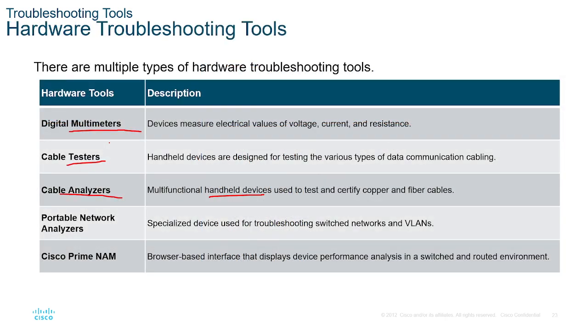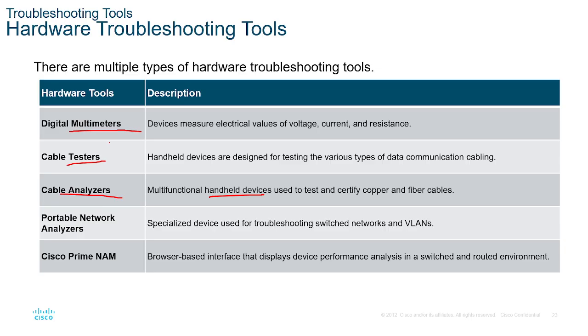Now we have hardware troubleshooting tools. These are the physical ones. Digital multimeter: it will measure electrical values, voltage, current, resistance, and so on. Cable tester is a handheld device designed to test various types of data communication cabling.